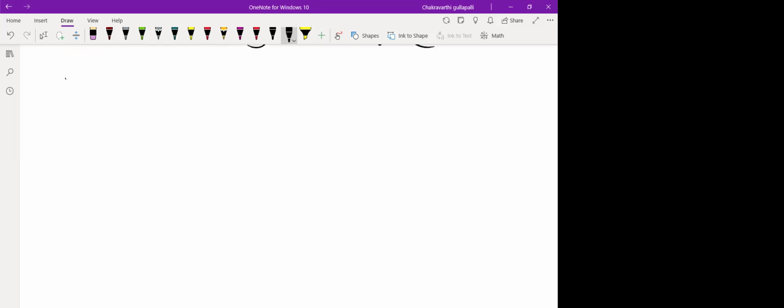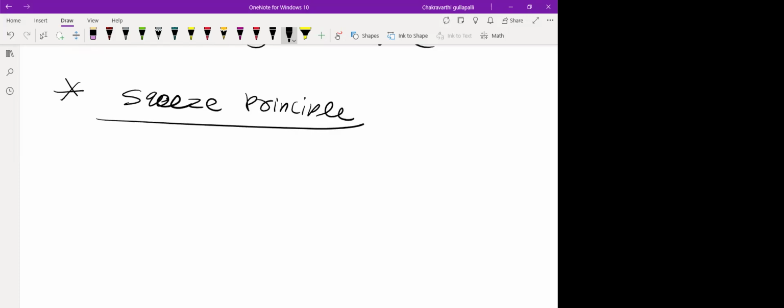And another one I want to discuss is, with this we'll close limits, the squeeze principle. Sometimes you'll be asked to identify what is the squeeze principle. This is there for sequences also and for functions also.